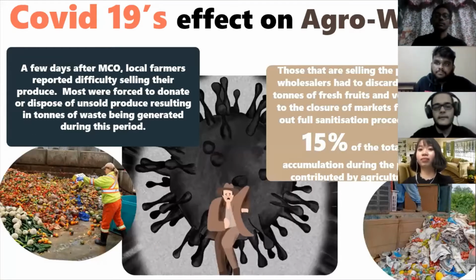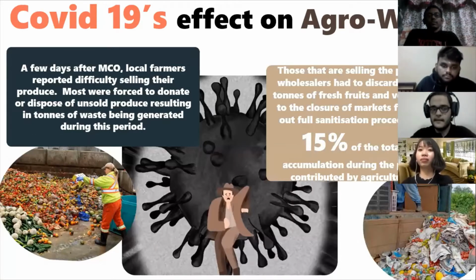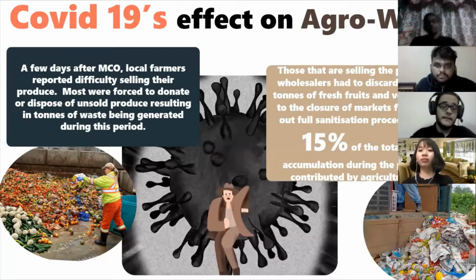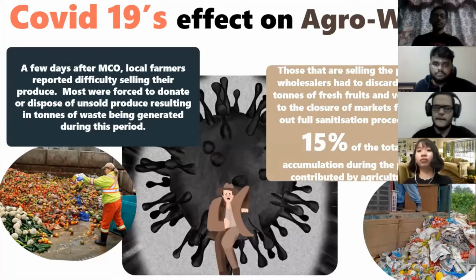Okay, so as you all know, we are currently in the COVID-19 pandemic. The pandemic has caused a huge problem for agro-waste. It has increased the agro-waste disposed annually in every country.